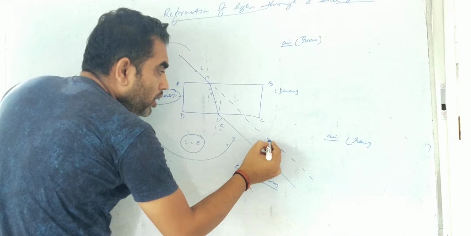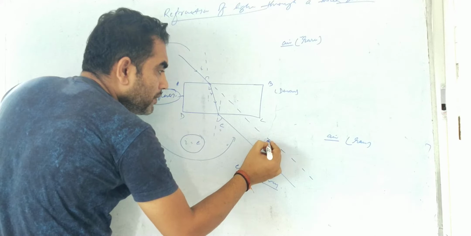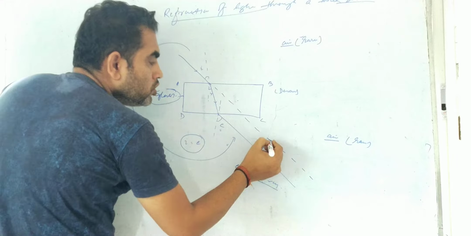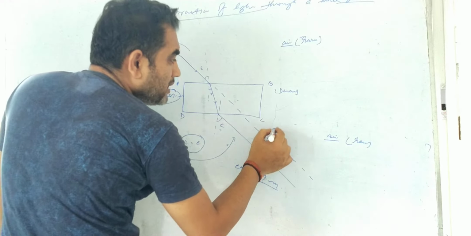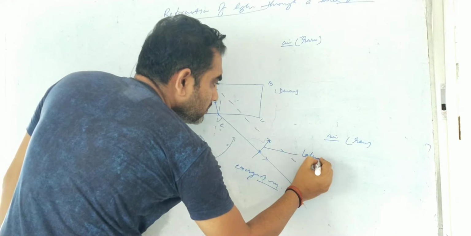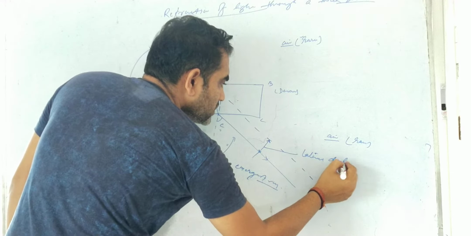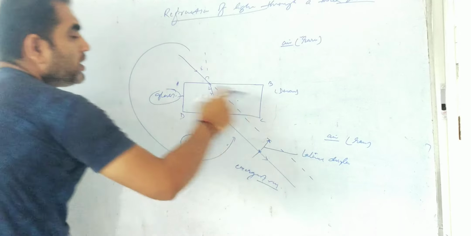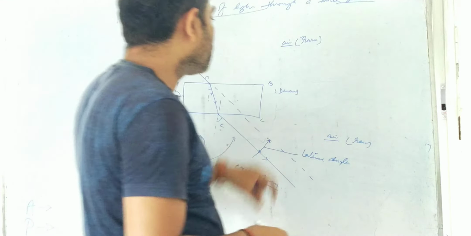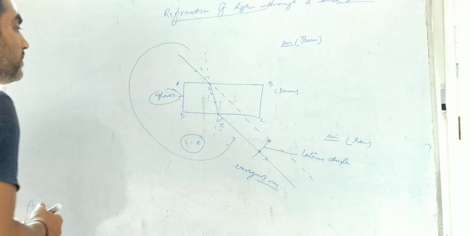And if we draw a perpendicular distance between them to measure how far apart they are, we have the word lateral displacement. So the perpendicular distance between the emergent ray and the produced incident ray is said to be the lateral displacement.